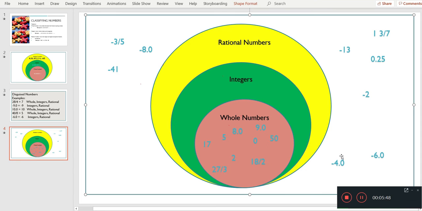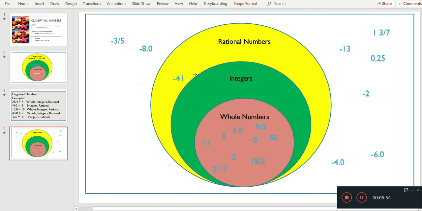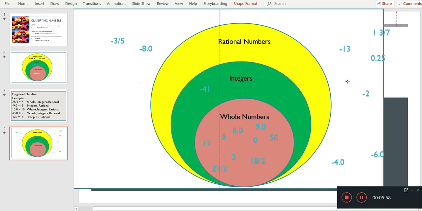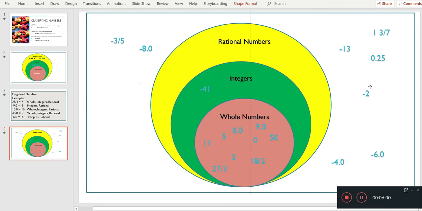Next, we have the integers. What are the integers? We have negative 41. We have negative 2. We have negative 6.0 because it's only 6. Negative 8.0 because it's just 8.